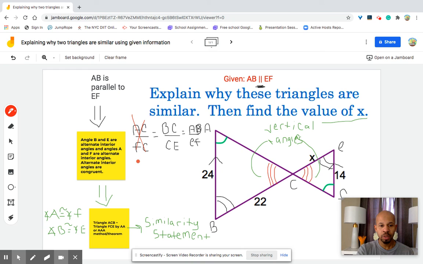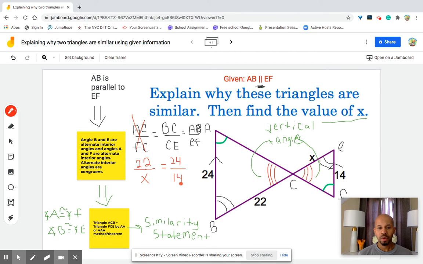BC, we know, is 22. All right. CE is x. And AB is 24 over EF, which is 14.